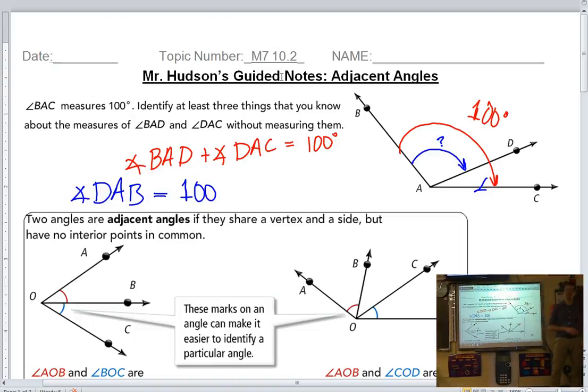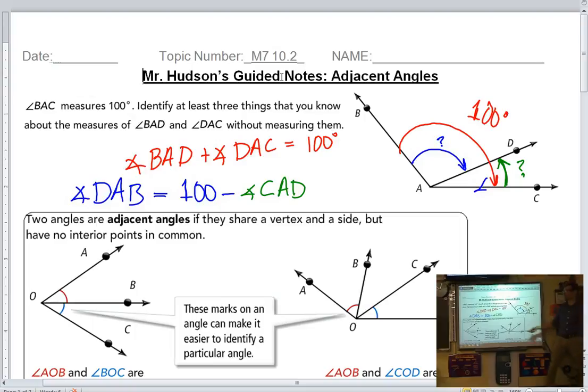It's 100 take away what, Grace? Whatever this unknown angle is. We don't know what size it is, but we do know its name. It's angle DAC, or CAD. We'll call it CAD since we're switching orders around.